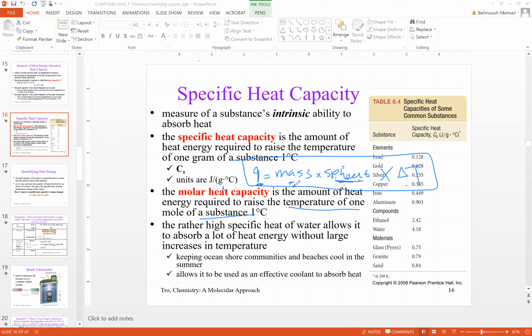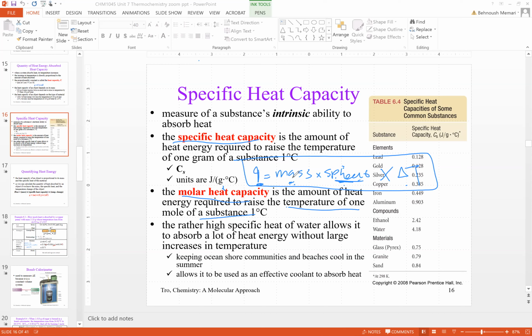So when information is given for a problem, you have to pay attention to whether it is giving heat capacity, specific heat capacity, or molar heat capacity. Check what information is given before you start using the value or the formula for calculating Q, the amount of heat.